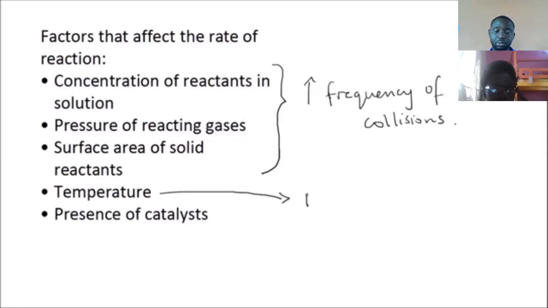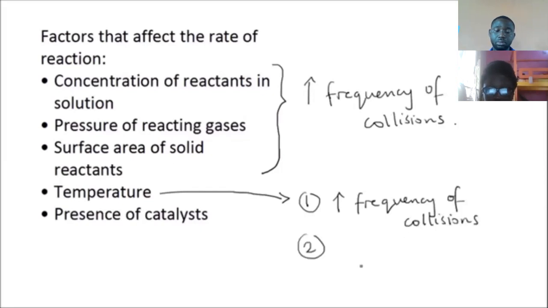If we look at temperature, increasing the temperature does two things. One, it increases the frequency of collisions, and secondly, it increases the energy of the particles. So remember, if we think back to collision theory, you can increase the rate of reaction by increasing the number of collisions, or by increasing the energy of the reacting particles.